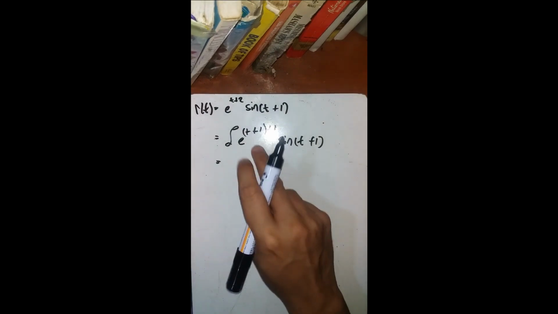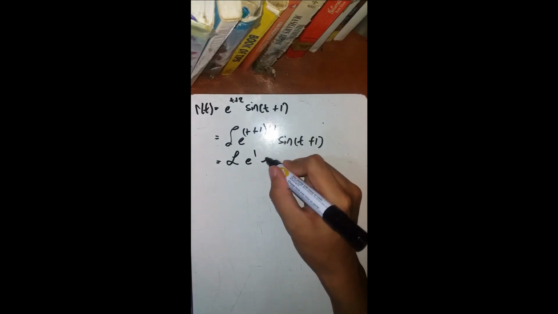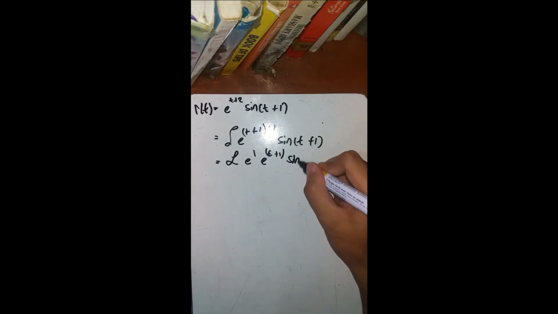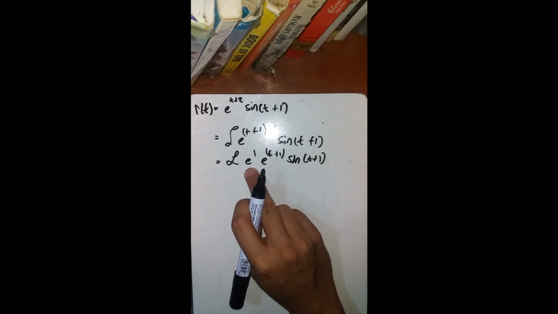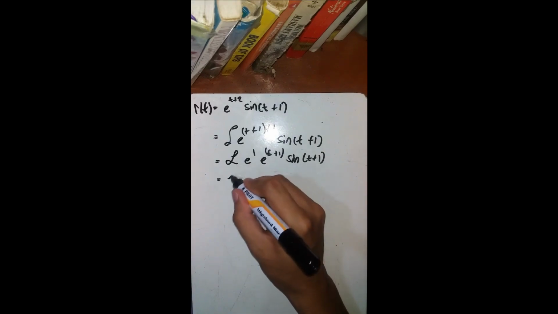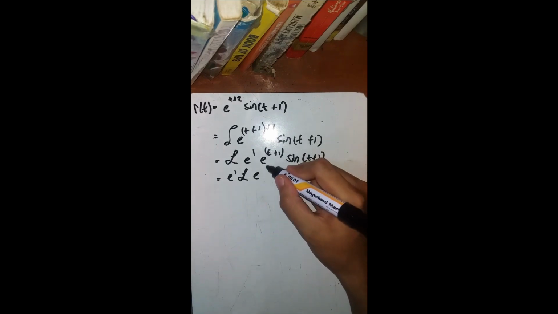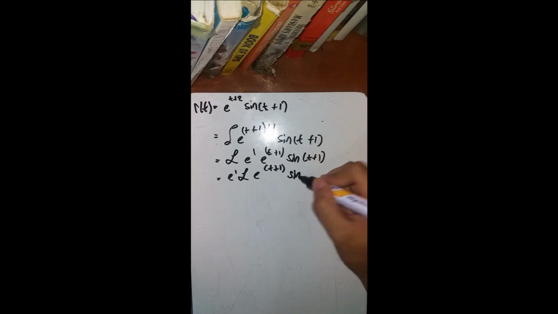So let's make it easier. So you have e to the 1 times e raised to t plus 1 times sine of t plus 1. So this is already a constant, so we took this out, and now we have here your second shifting.